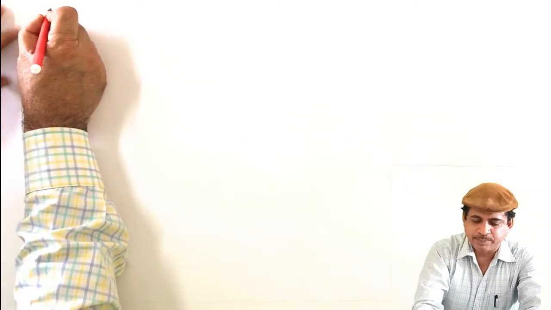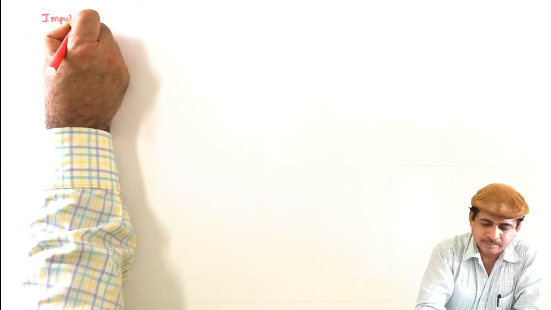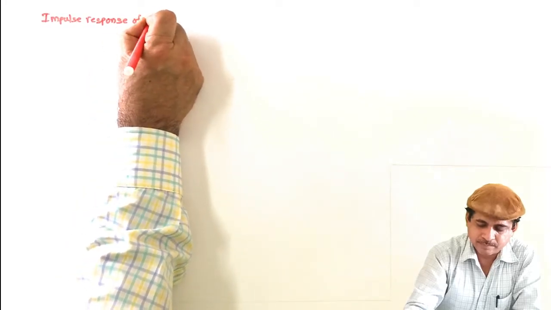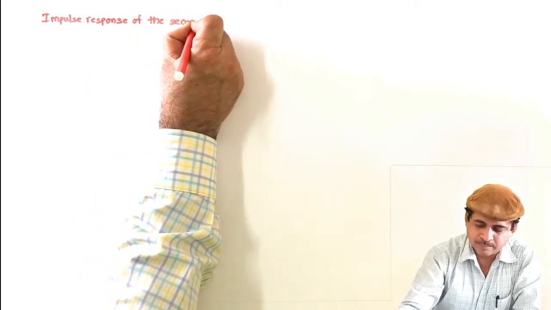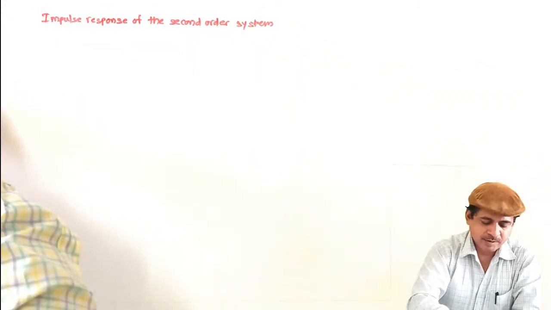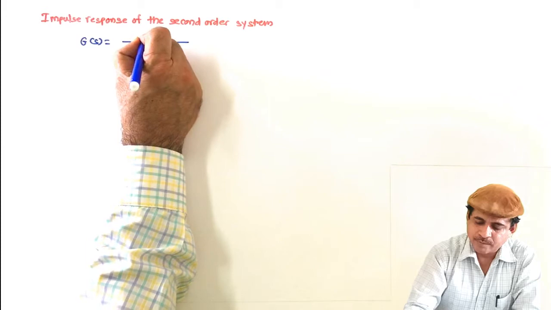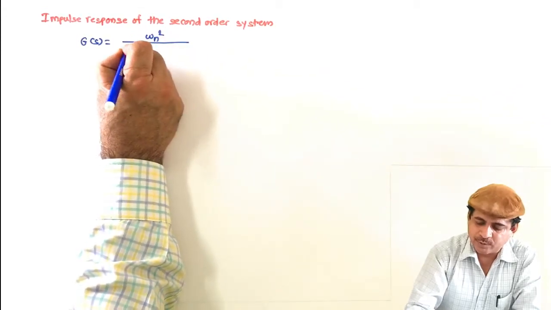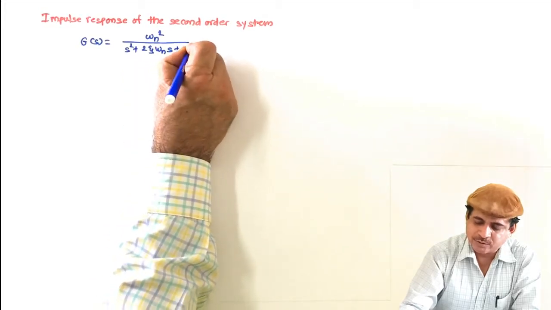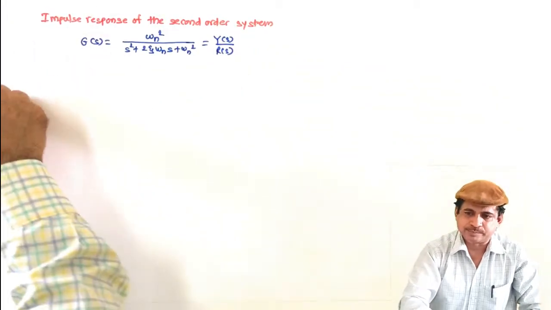Now let us see the impulse response of a second order system. So we have G of s equal to omega n square upon s square plus 2 zeta omega n s plus omega n square, which is also equal to Y of s by R of s.